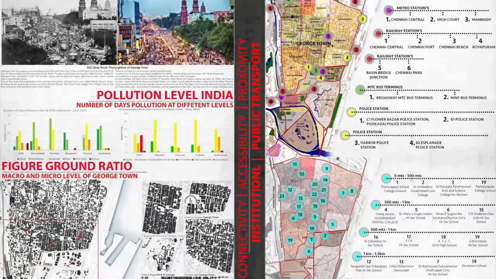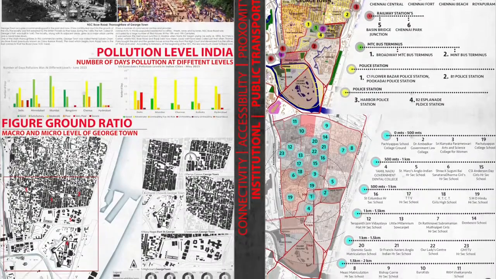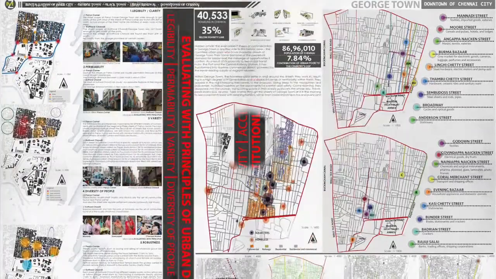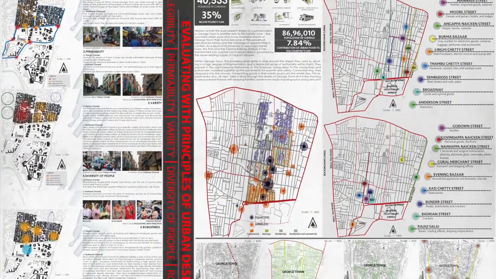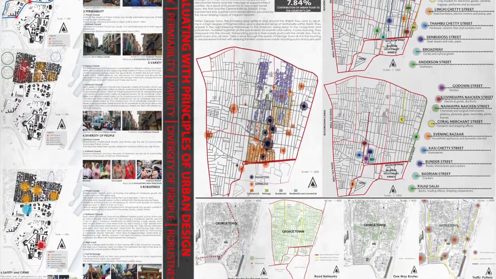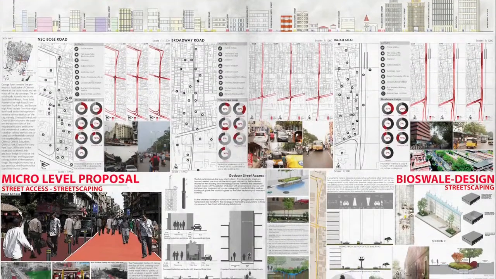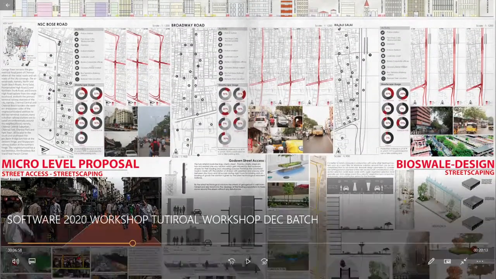Here, this is a figure-ground ratio explaining one of the major populated areas in Chennai, Georgetown, and this came in the Indian Institute of Architects magazine in December 2017. All these presentations are done in AutoCAD.